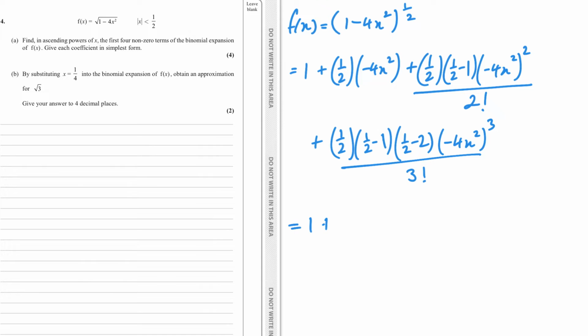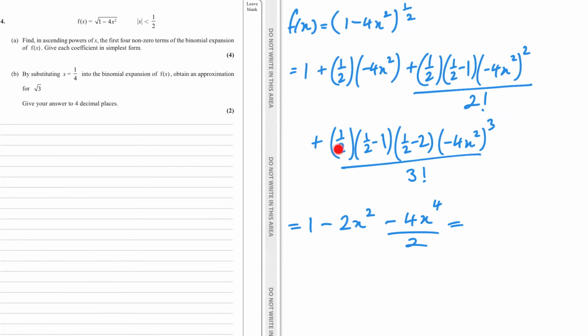So that gives me 1 plus, sorry, that'll actually be 1 minus 2x squared. Then we have a half times negative a half is negative a quarter. That's times negative 4 but squared, so that's times by 16. So we've got minus a quarter times by positive 16. So it's going to be minus 4x to the power 4, but that's going to be over 2. I'll deal with that in a second.